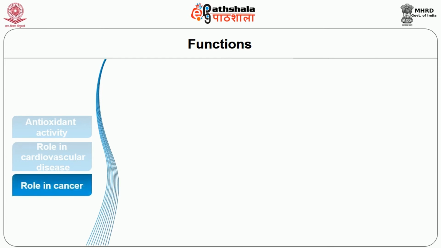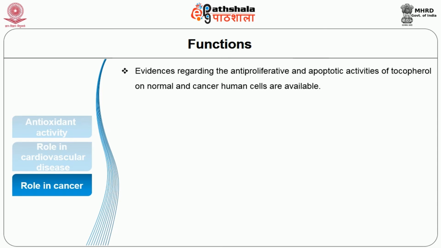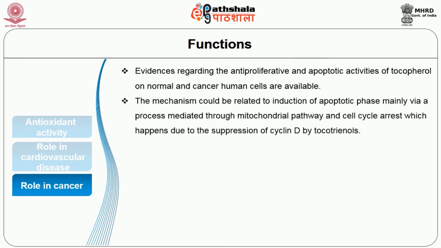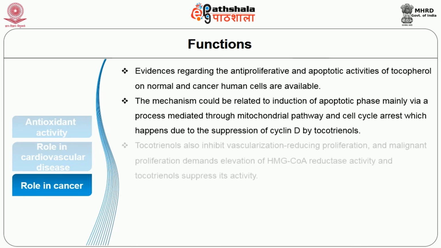Role in cancer. Evidences regarding the anti-proliferative and apoptotic activities of tocopherol on normal and cancer human cells are available. The mechanism could be related to induction of the apoptotic phase mainly via a process mediated through the mitochondrial pathway and cell cycle arrest, which happens due to the suppression of cyclin D by tocotrienols.